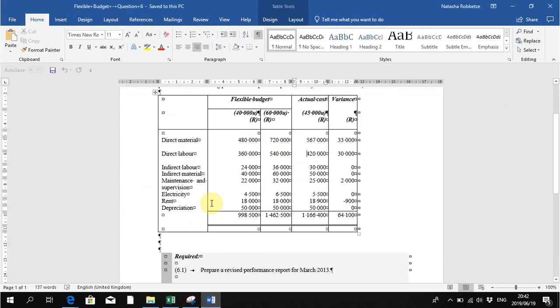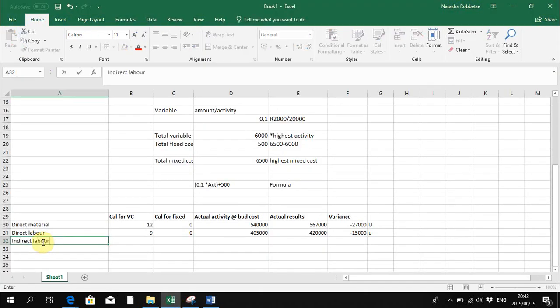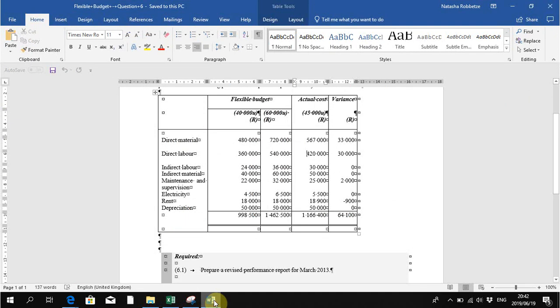The next type of cost is indirect labor. Now we must go and test again and see if it is a variable cost, a fixed cost, or a mixed cost. It's definitely not a fixed cost because it's not the same at every level.